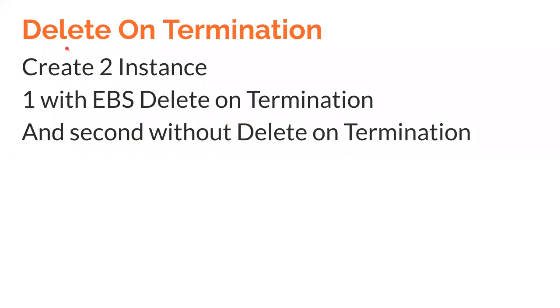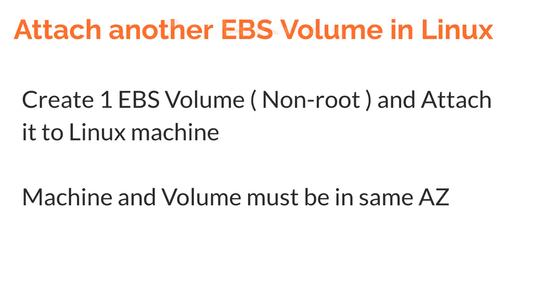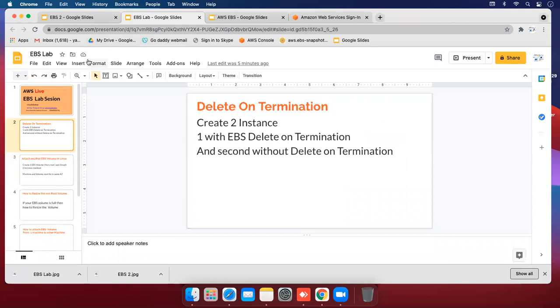So first, what is the delete on termination protection? Let's see what delete on termination is in an EBS volume. So let's go to the console, and here is my console.